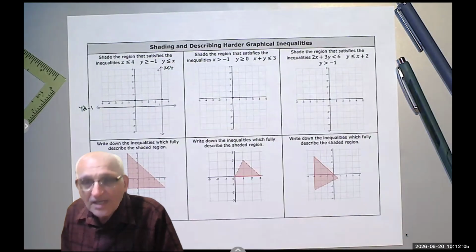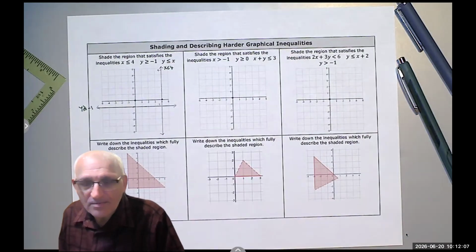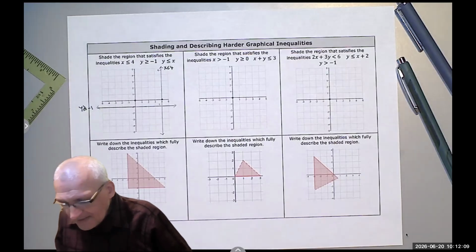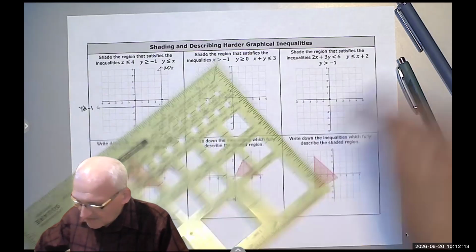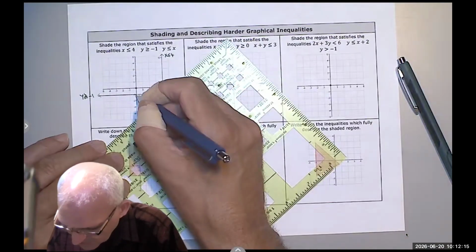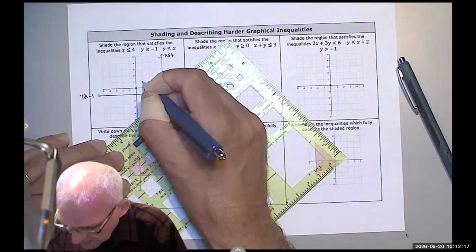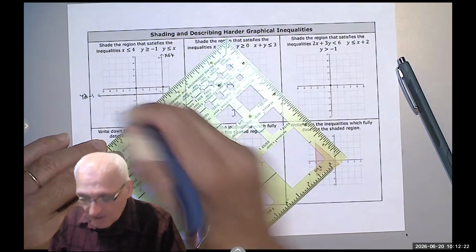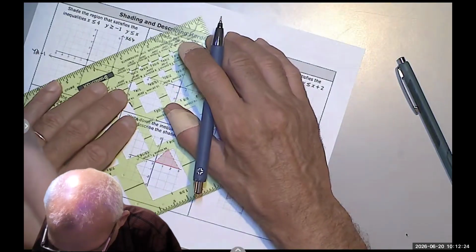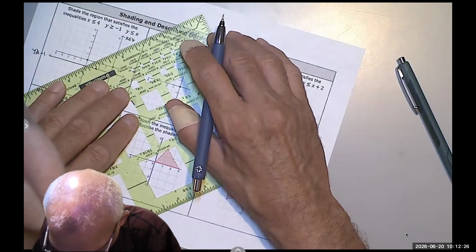The last one is y less than or equal to x, but we draw y equals x. We know that it's a line that makes 45 degrees with the horizontal, meaning 0, 0, 1, 1, 2, 2, 3, 3, -1, -1, -2, -2. It's very simple to draw. That's the easiest line to draw.